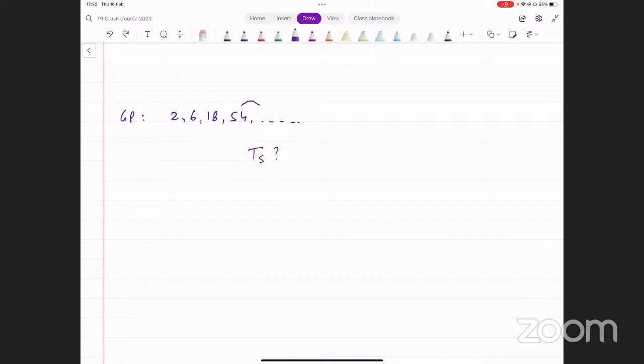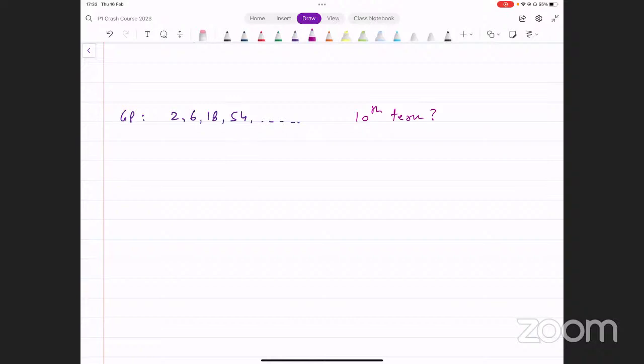You could just multiply 54 by 3 and that would give you the fifth term. However, if somebody was to ask you what is the 10th term of the sequence, now for that, if you were to just keep writing the sequence, you have to write the 5th term first, then the 6th, 7th, 8th, 9th, 10th. A quicker way of doing this would be that you just use the nth term formula.